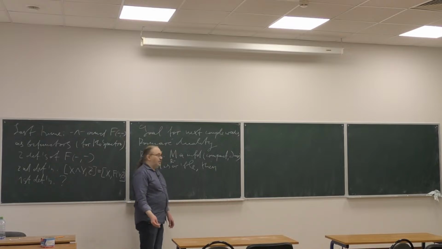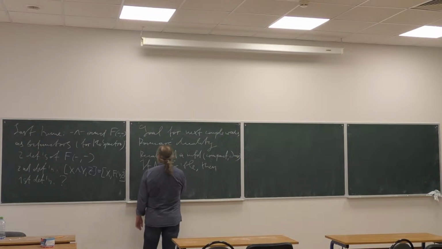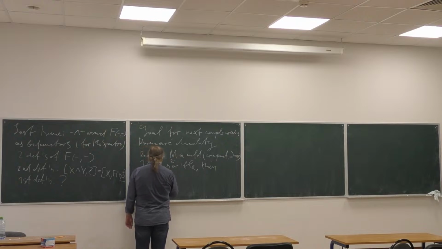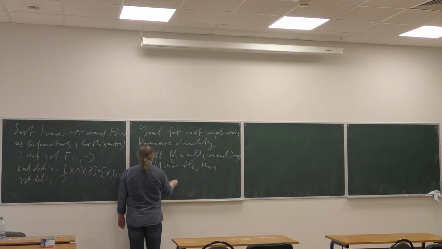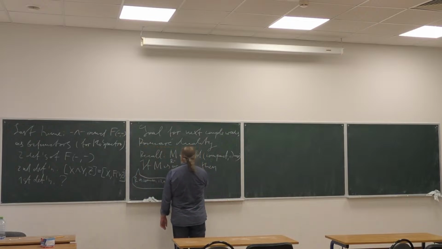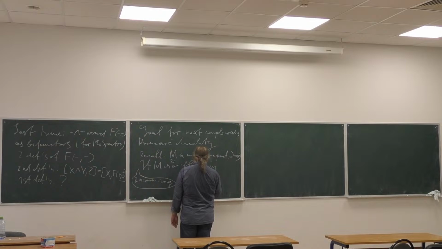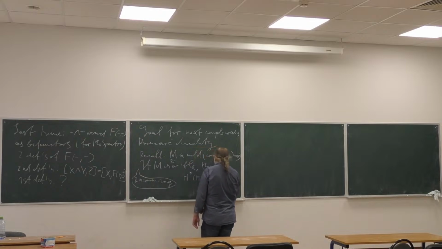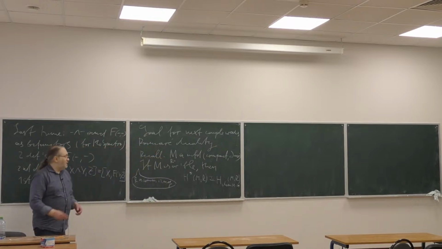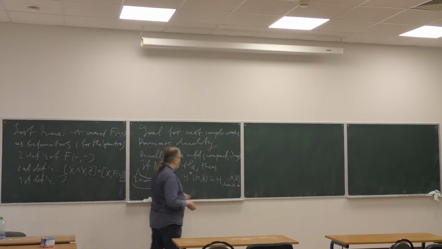And if we have a manifold which is orientable, where R is a commutative ring, then we have the Poincare isomorphism between the homology and cohomology.